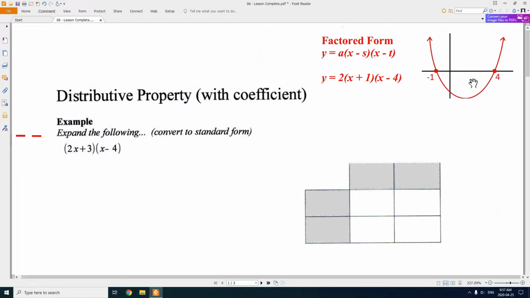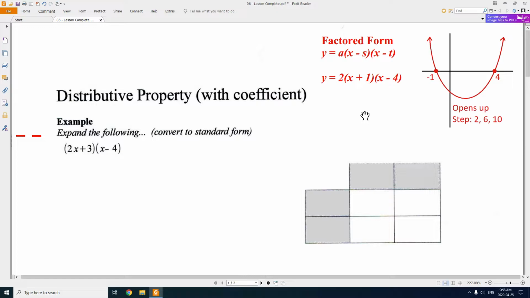The 2 out front tells you that it's opening upwards, and it tells you the step pattern. Remember, the basic step pattern is 1, 3, 5. Here you would double all of them, so our step pattern would be 2, 6, 10. From there, you could figure out: over 1 up 2, over 1 up 6, and you could sketch in the graph and it would look something like that.